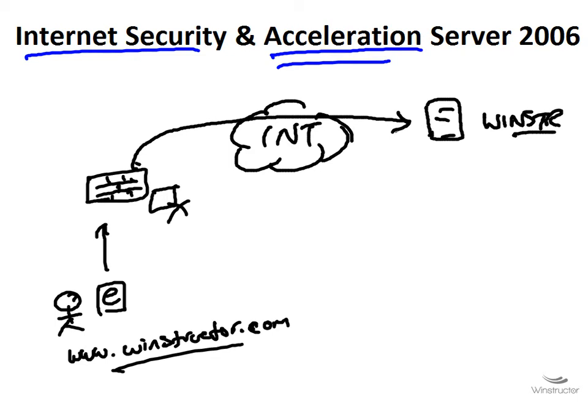and it's going to fetch a copy of the page along with any graphics and videos and text and whatever data is required to get that page. So the Winstructor website is going to respond to that request, and it'll send a copy of this page along with all of the data it requires to the ISA server. Now, the ISA server is going to take this data. It's going to save a copy of it right here in its own cache, and then it'll return the page to our user's computer, and then the user, of course, is going to be able to view the web page in their browser.